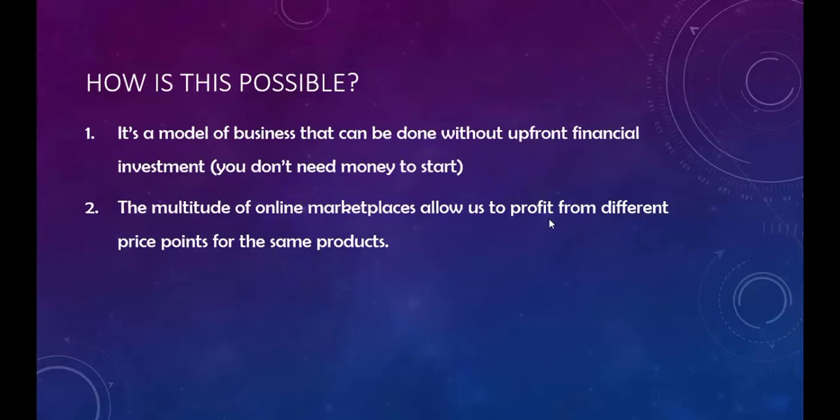So for example, a product that in the United States is sold for $15, it's very likely that in Europe can be sold for $20, but in India it's sold for $5, and maybe in Japan it's sold for $25, okay? And we can easily profit and juggle with these prices, so we can actually take a profit from this, okay?